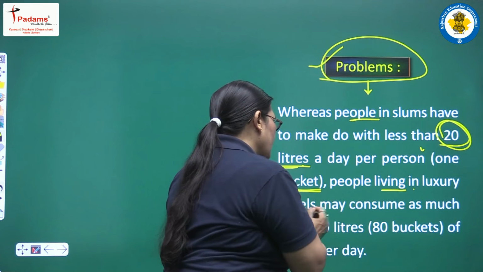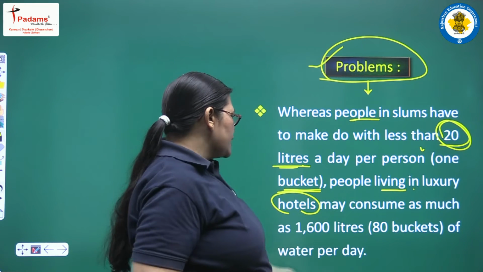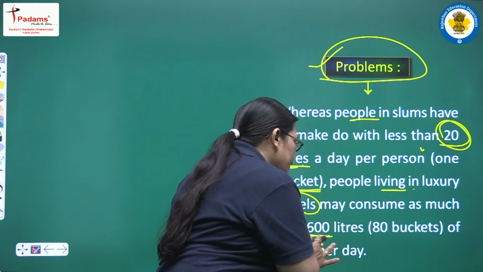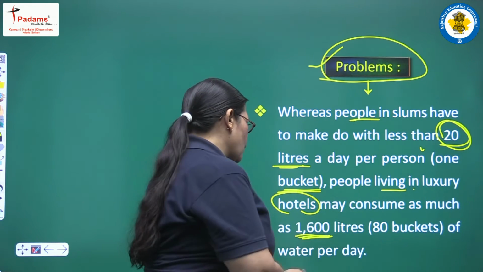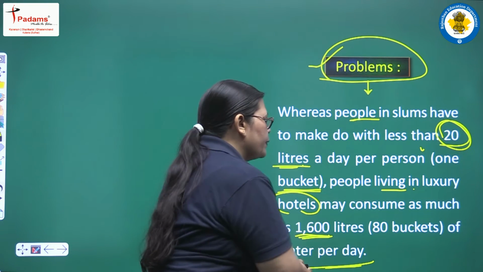People living in luxury hotels may consume as much as 1600 litres, or we will say 80 buckets of water per day.